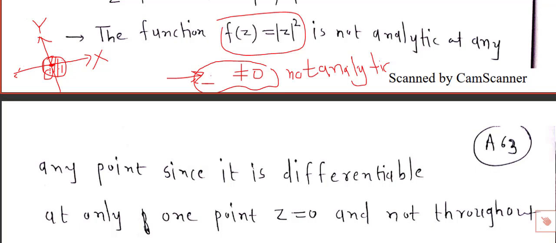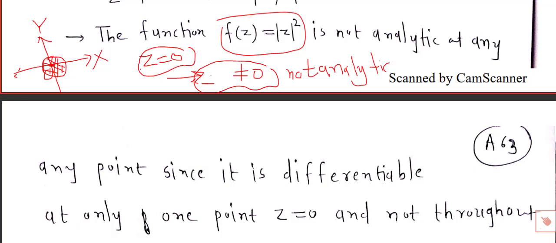So here we are not able to find out any circle with center 0 such that the function is differentiable at every point in that neighborhood. The reason is this function is differentiable at only one point, z equal to 0.